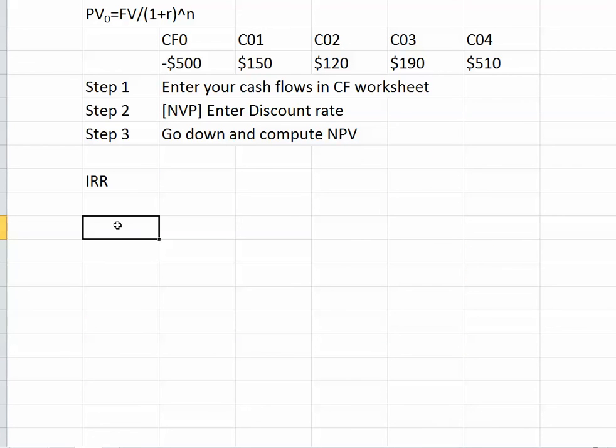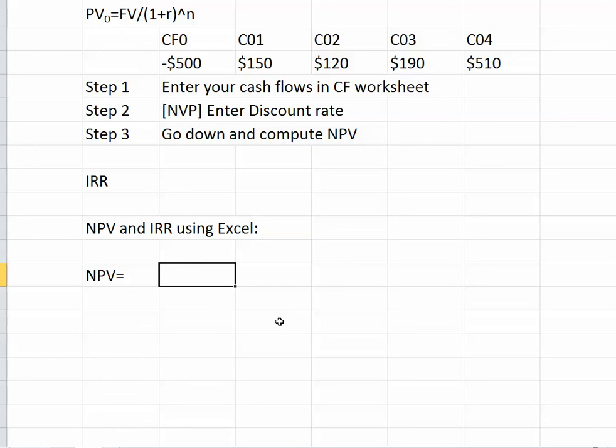Okay, so NPV and IRR using Excel. Now I would like to find NPV first. NPV equals, so in your Excel, you can either use the function fx here in the bar on the top, or you can type equals NPV, and here you have to put the rate.